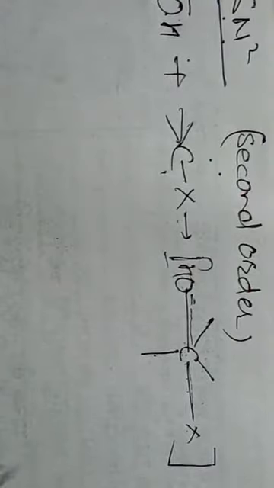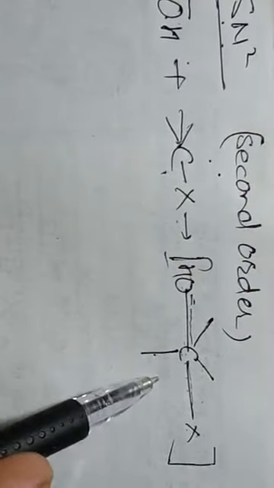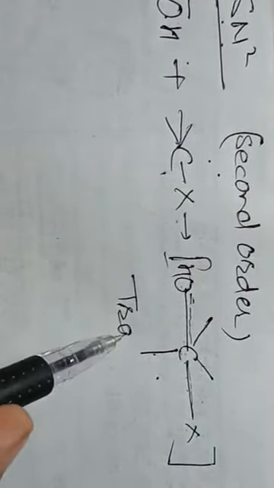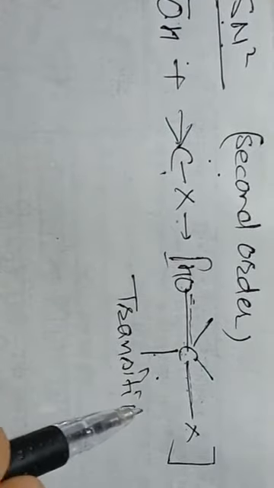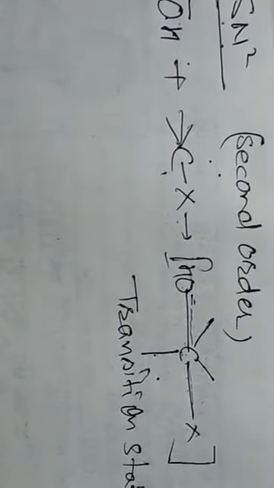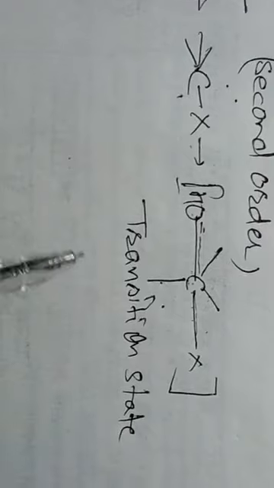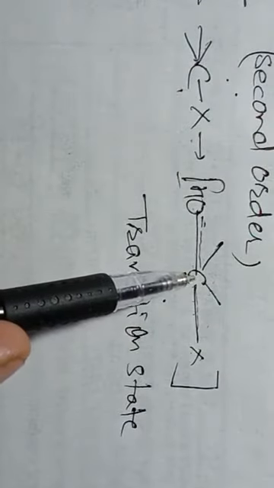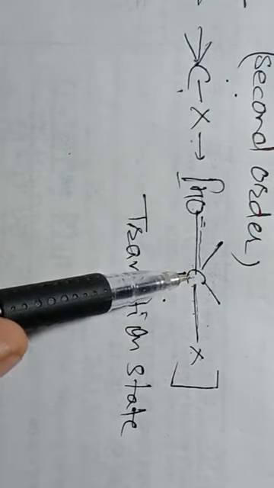Okay, so this state, which is known as the transition state, shows the central carbon atom as a pentavalent center.